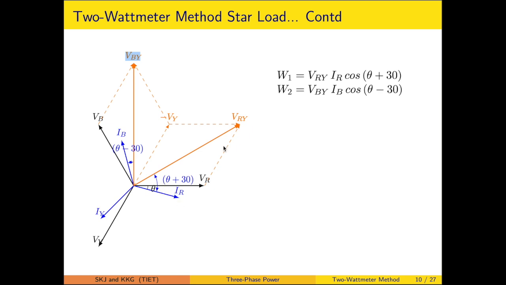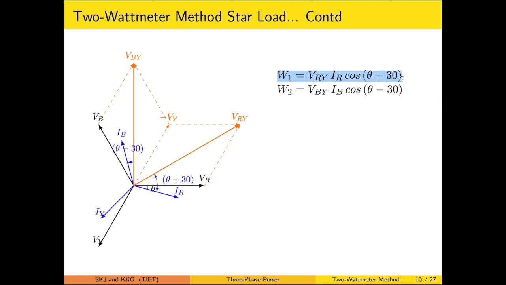The angle between VRY and IR, which are now the line voltage and the line current, will be theta plus 30 degrees. Similarly, the angle between the other pair, line current IB and the line voltage VBY, is equal to theta minus 30. So that is giving us the 2 wattmeter measurements.